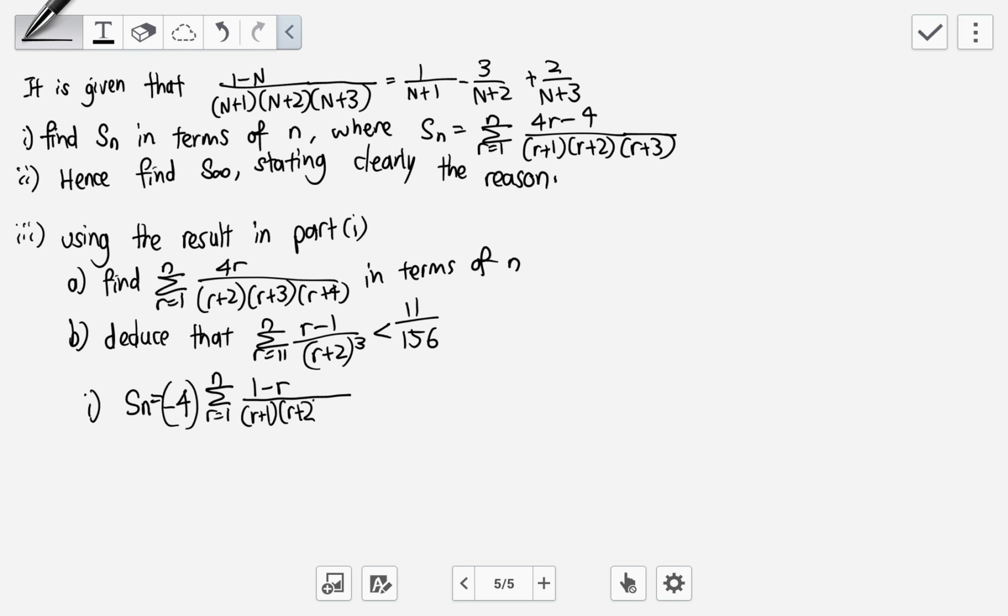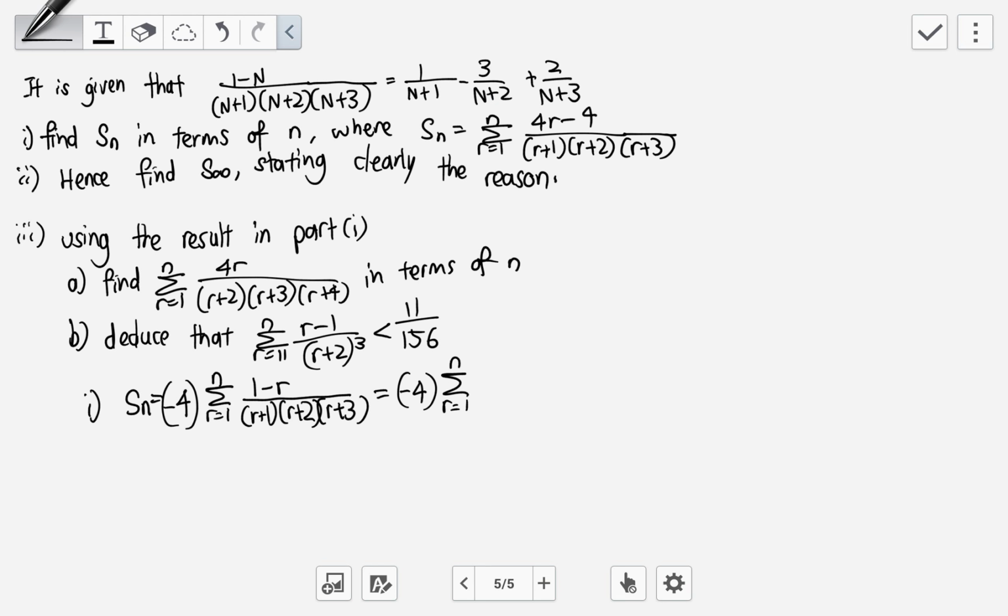So then I will be able to use the results there. And after this, I have a minus 4 multiplied by summation r equals to 1 to n. So this part equals to this part. I can also make all this r, and this would all be r, so it's actually the same.